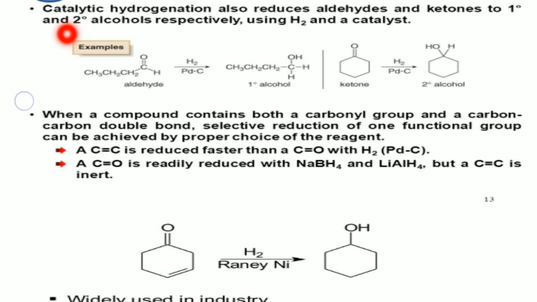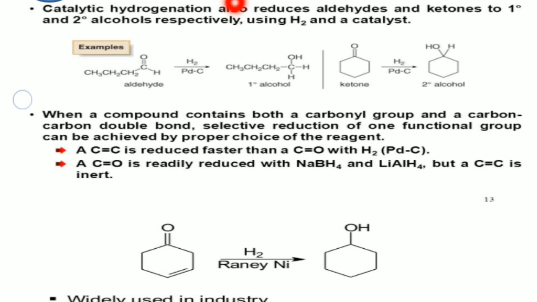Palladium carbon is also an active catalyst to proceed with the reduction reaction of aldehyde and ketone. This is an aldehyde, upon hydrogenation or reduction, it is producing primary alcohol. This is a ketone which is giving secondary alcohol.